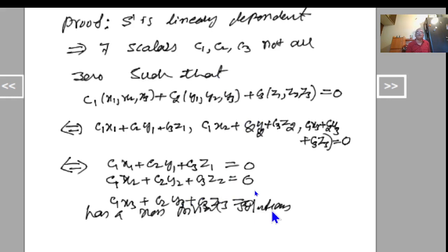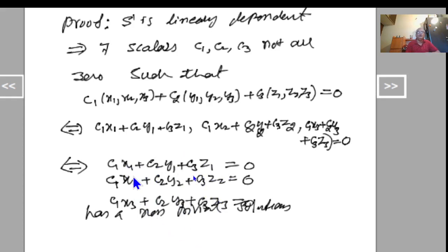Has a non-trivial solution. And when do we get this? This is the system of homogeneous equations, and these equations are for unknowns C1, C2, C3. So here unknowns are C1, C2, C3 and x1, y1, z1, x2, y2, z2, x3, y3, z3 are the coefficients.